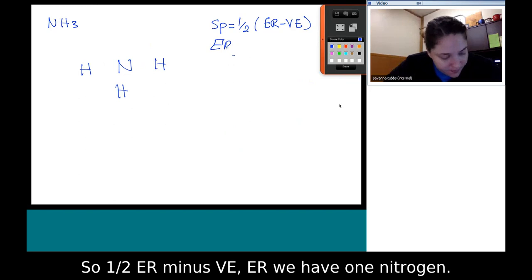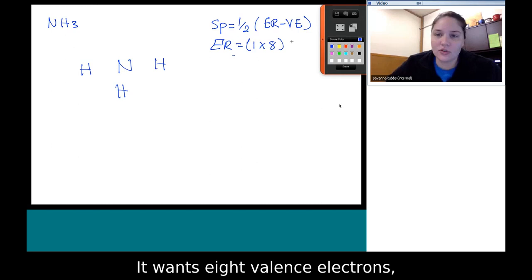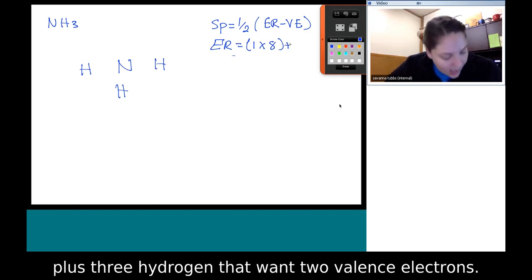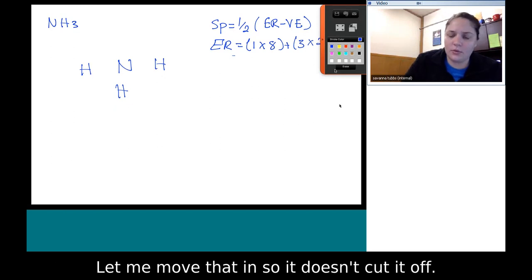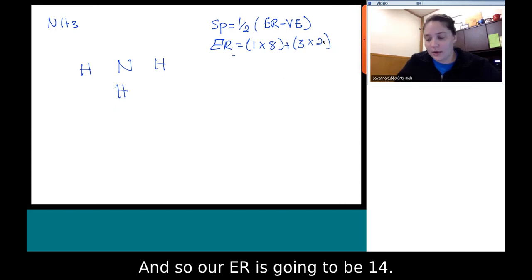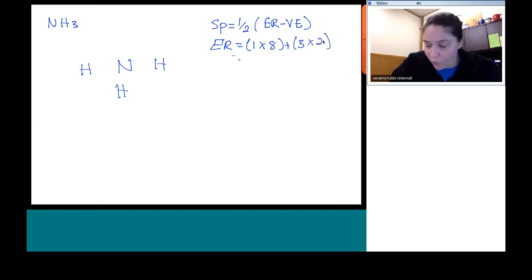ER, we have 1 nitrogen. It wants 8 valence electrons, plus 3 hydrogens that want 2 valence electrons. Let me move that in real quick so it doesn't cut it off. There we go. And so our ER is going to be 14.